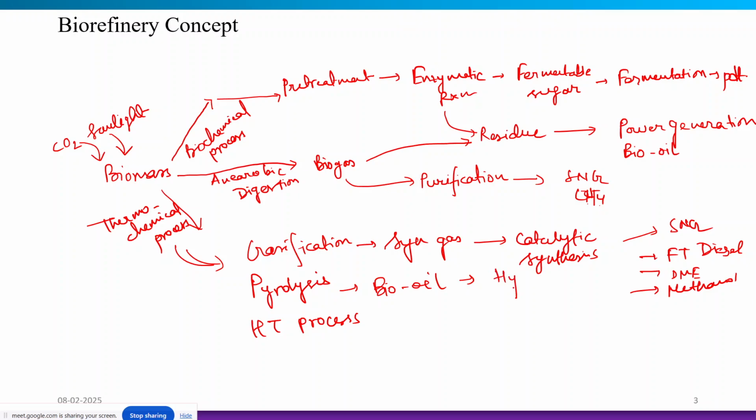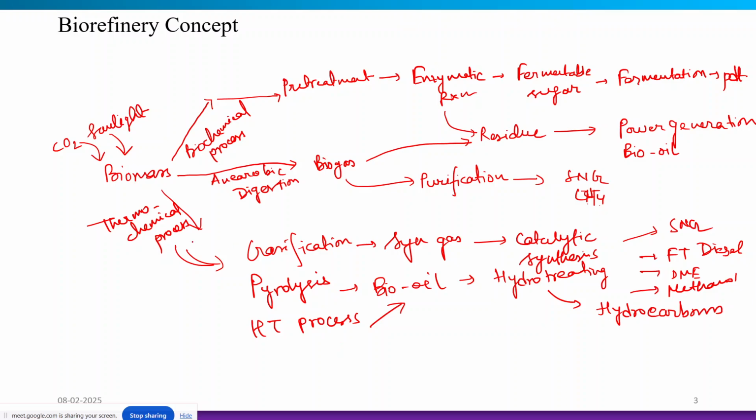Those are further considered for the hydrotreating process and refining process, and from where we will get the hydrocarbons. And this hydrothermal liquefaction process, we are also getting a lot of bio oil out of this process.